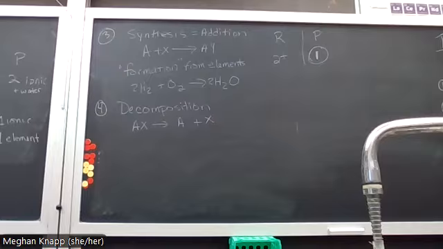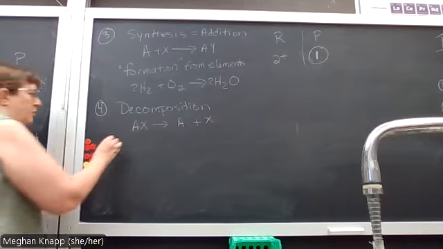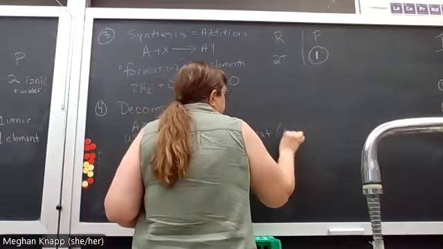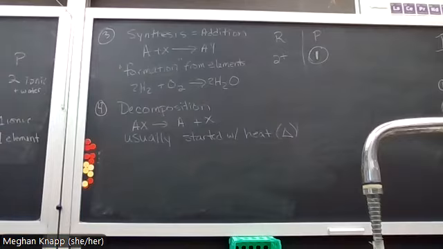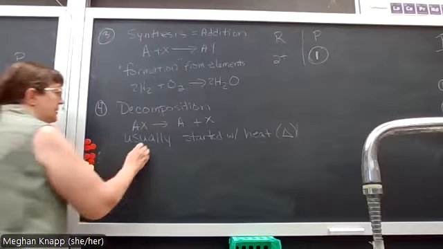The way that that normally gets started is usually you provide heat. And so you will often see a little triangle. It's supposed to look like a flame drawn under the arrow to indicate, oh, we heated up the reactant, and that's how we got the products. So we could just take a compound and break it down into its elements.